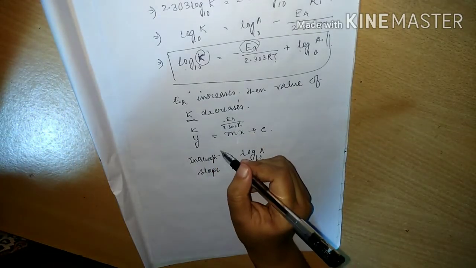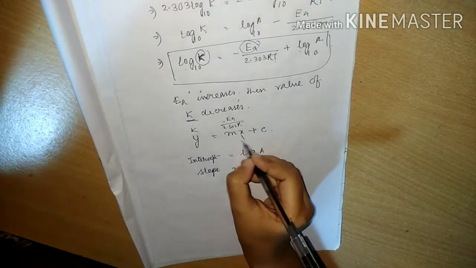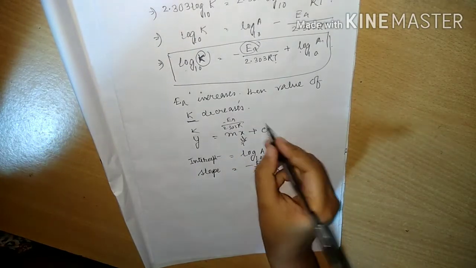Here y is log K, m is the slope, x represents 1 by T, and c is the intercept.